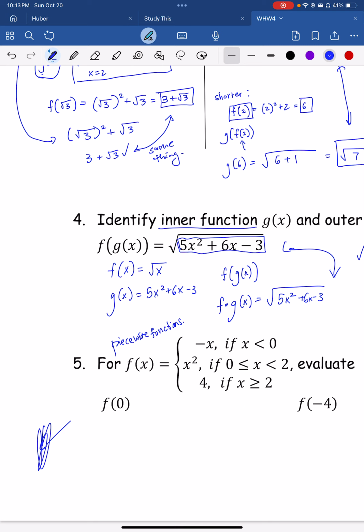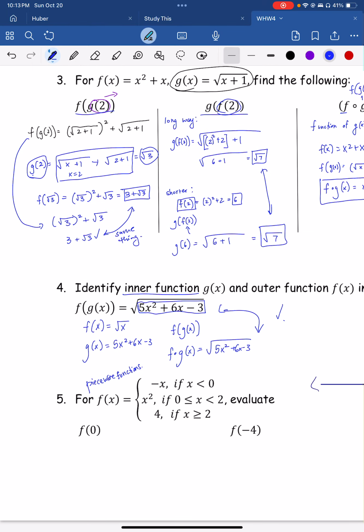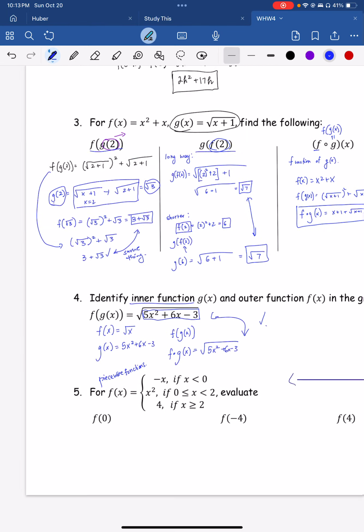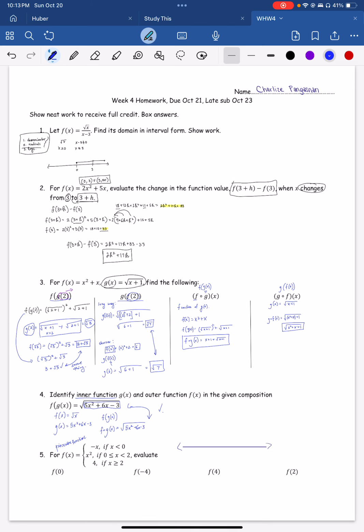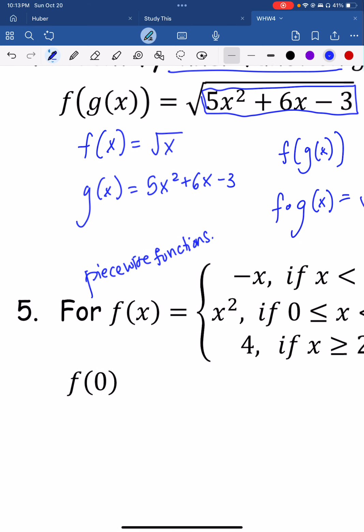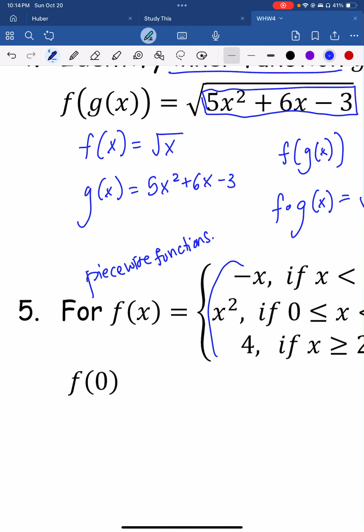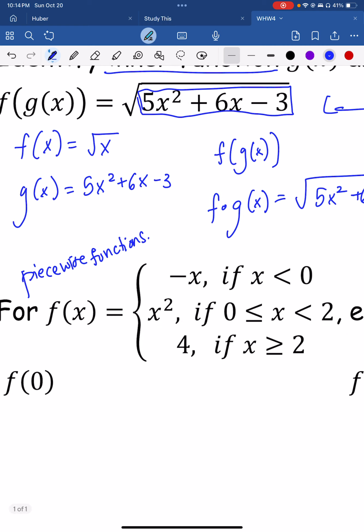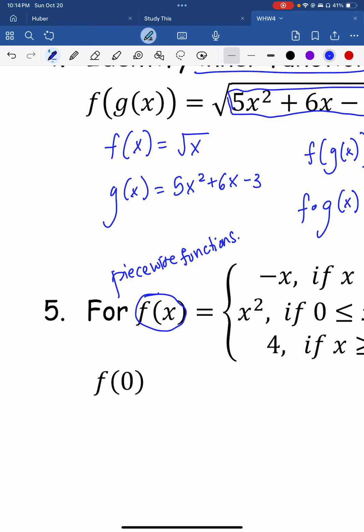That's what most people find the most difficult. But for this one, you don't have to graph it. It's just asking you to evaluate these f of. Even though it's many little different functions, these are called pieces, and all of these pieces only make up one function.